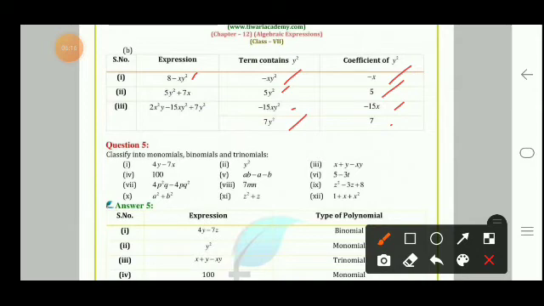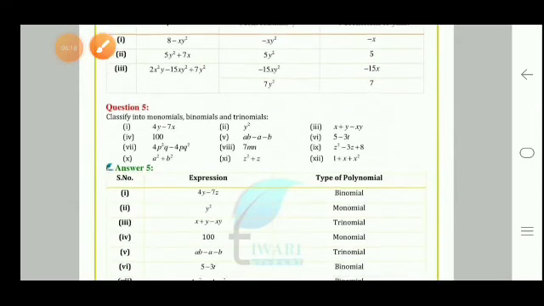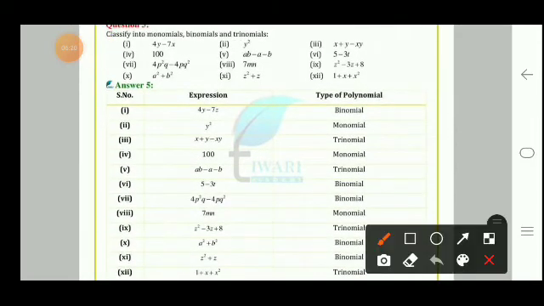Monomial means having one term, binomial means two terms, trinomial means three terms. If you see here, 4y minus 7z has two terms, so binomial. y square has one term, so monomial. x plus y minus xy has three terms, so trinomial. Then 100 is a monomial, one term. ab minus a minus b is a trinomial. 5 minus 3t is a binomial. 4p square q square minus 4pq square is a binomial. 7mn is a monomial because it has one term.